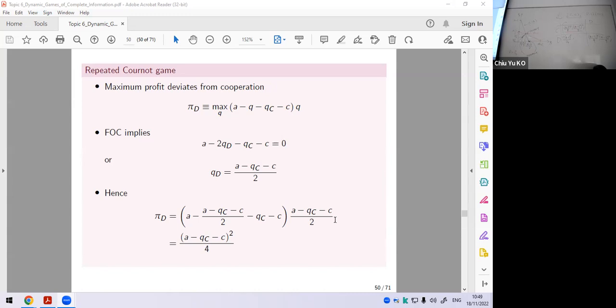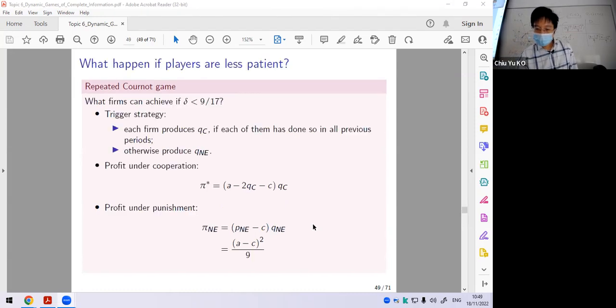So what is this? A minus QC minus C over... just A minus QC minus C. QC, okay, it's your payoff.